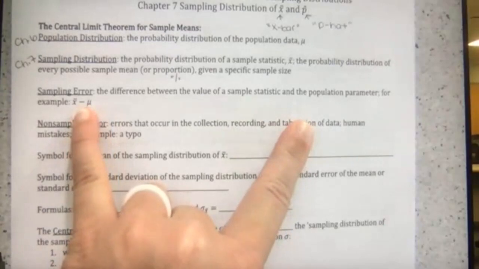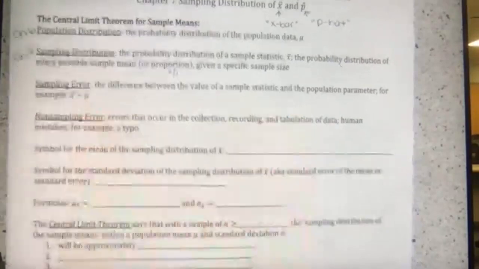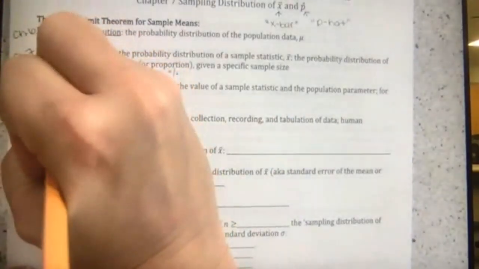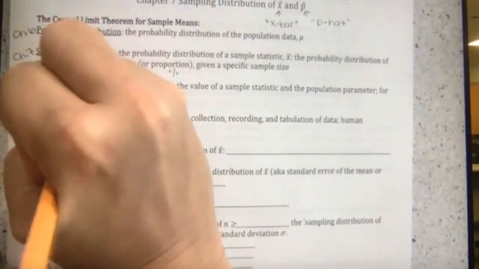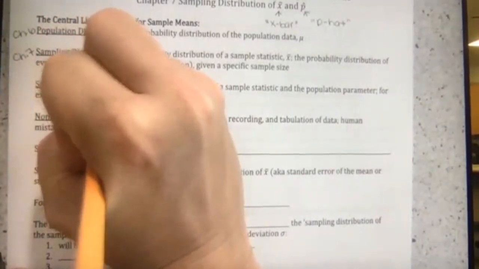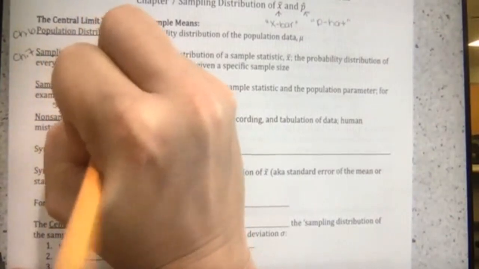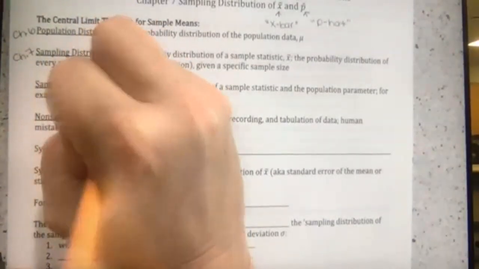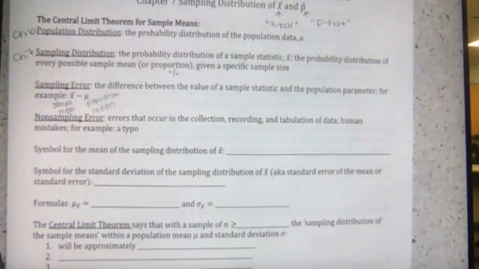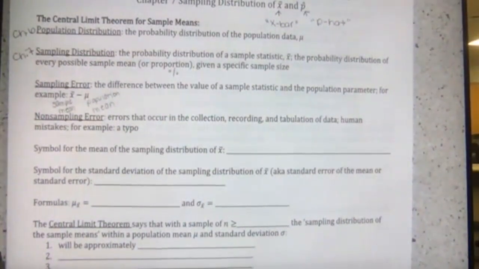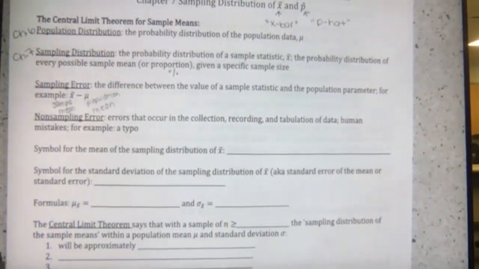So our sample mean minus our population mean. If we're trying to find the error, our population mean is the actual thing that we're trying to find, and our sample mean is just the sample of it. So the difference in those two is our error. So that's a sampling error.